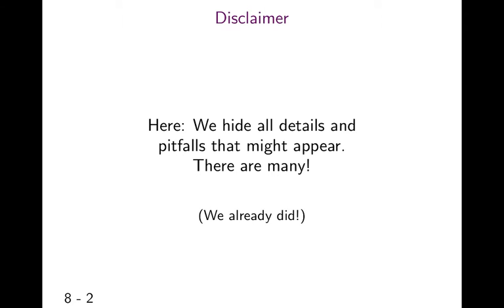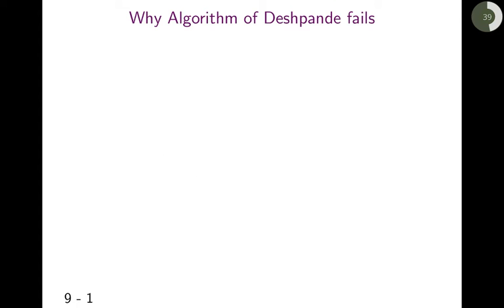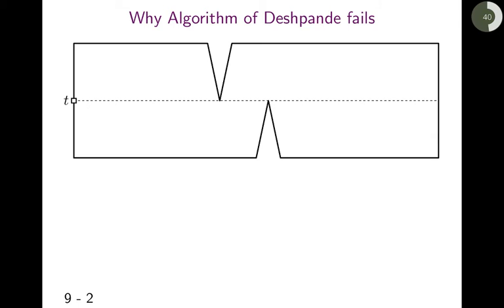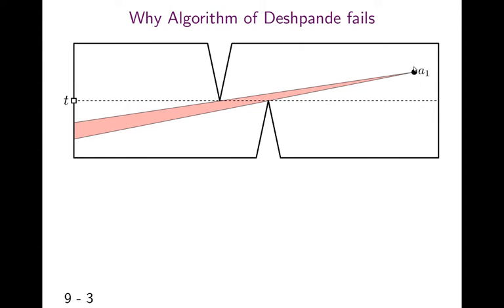Okay, so let's start with why the algorithm of Deshpande fails. It fails for this very simple polygon here. This is an extension of these two reflex vertices, and consider this point A1. It has this visibility region, and we consider A2, which has this slightly smaller visibility region.